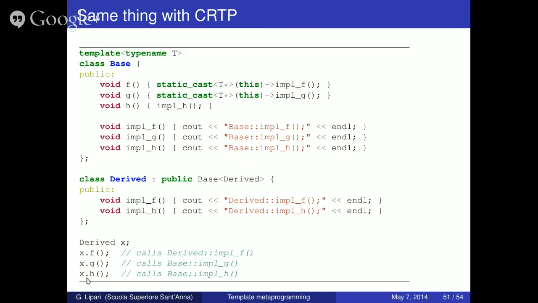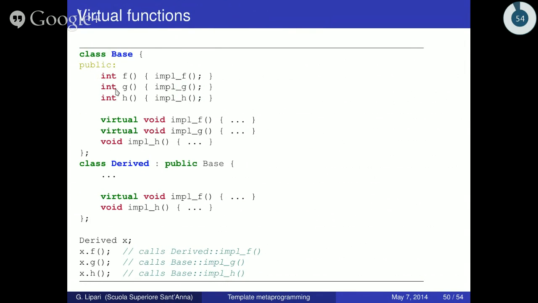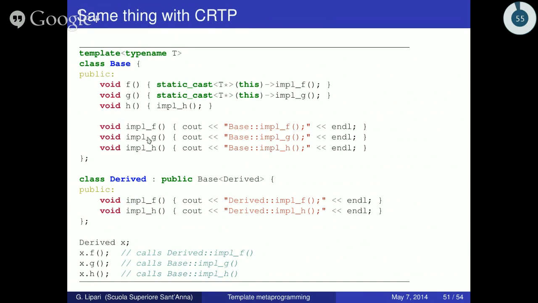And finally, x.h calls implementation h, and since there is no virtual anything here, this implementation h is going to be called. So, incredibly, we have replicated the behavior that was achieved here with virtual functions, and now we are using just a template and without any virtualization.